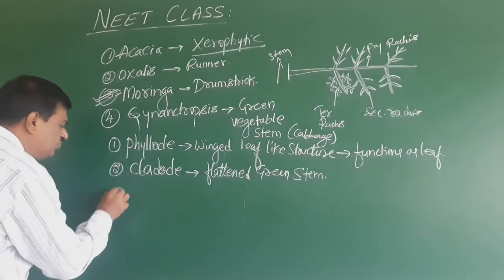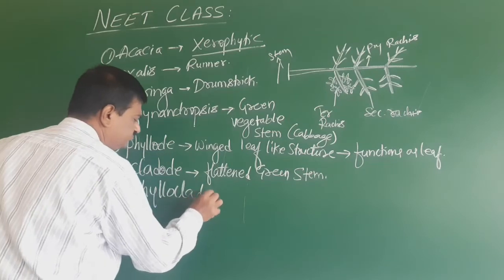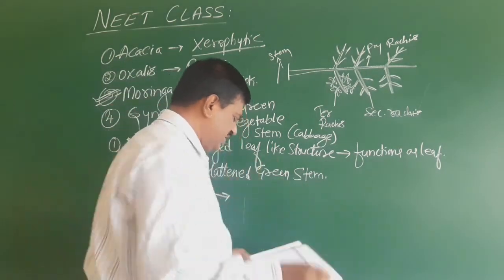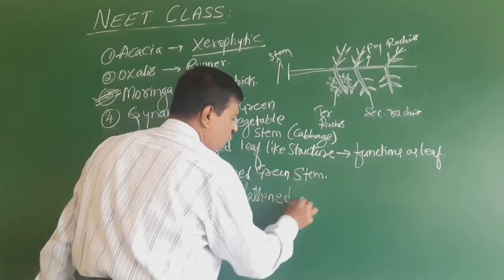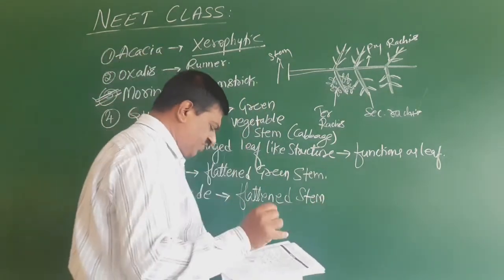So we go for the third one, phylloclade. The third option is phylloclade. So this is again a flattened green stem, but it functions as a leaf.